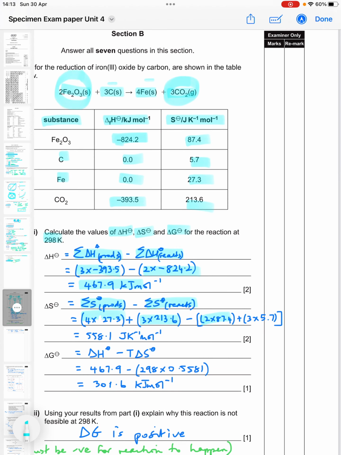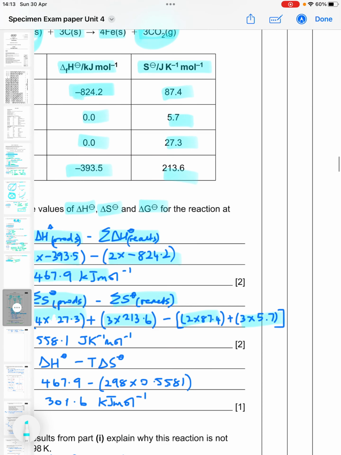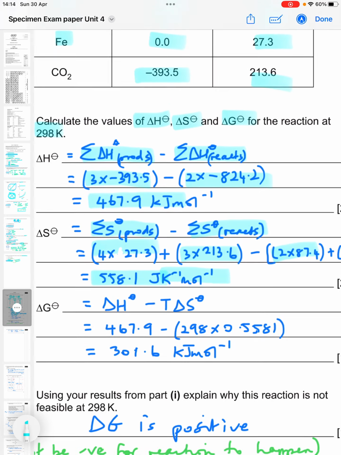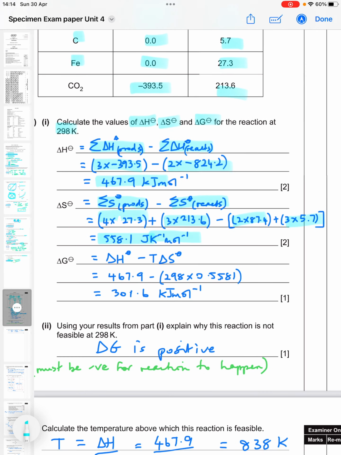Take away, then we have 87.4 for the iron oxide, and you see there are 2 moles of it, and then 3 times 5.7 for 3 moles of carbon. Adding those all together, we get 558.1 joules per Kelvin per mole.